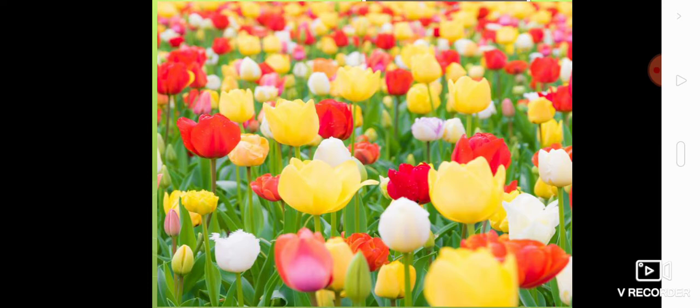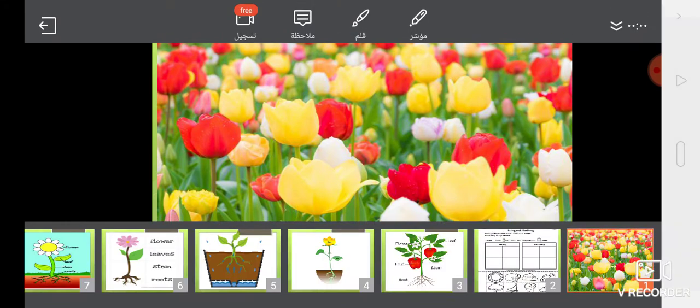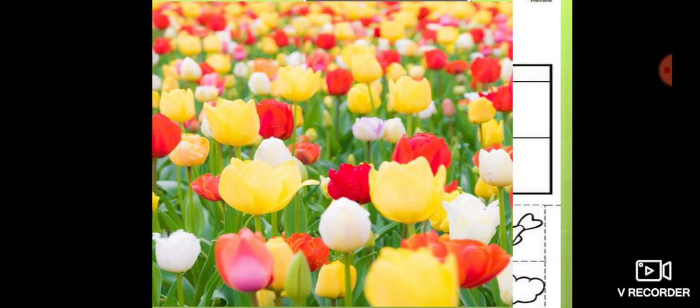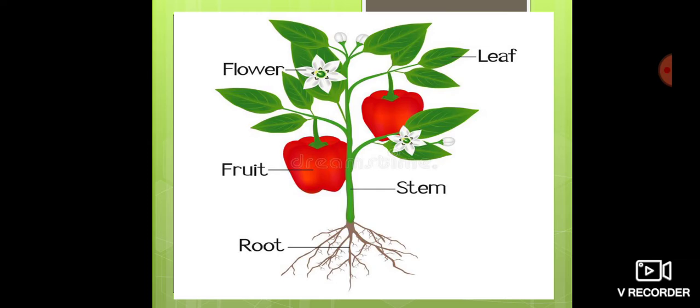Let's go back to our lesson today. We are talking about the plants. In each plant there are parts, and these parts are shown here.